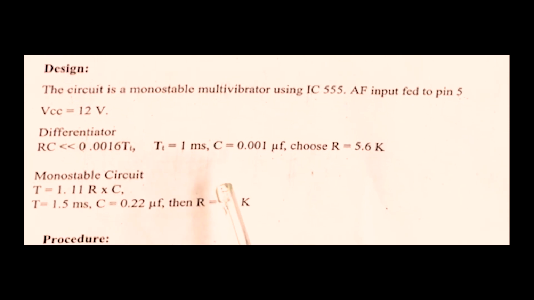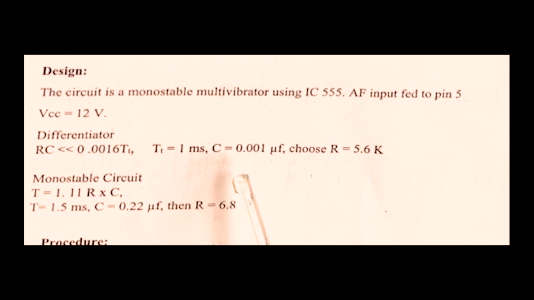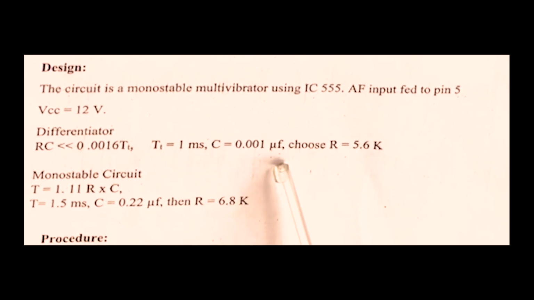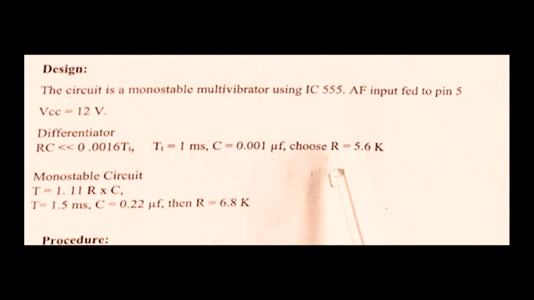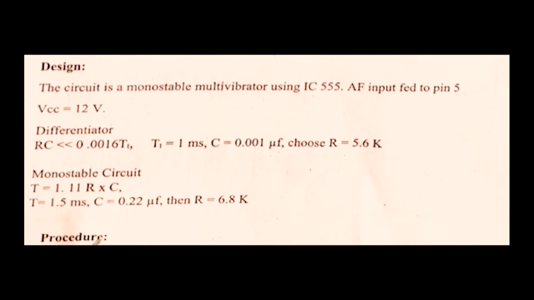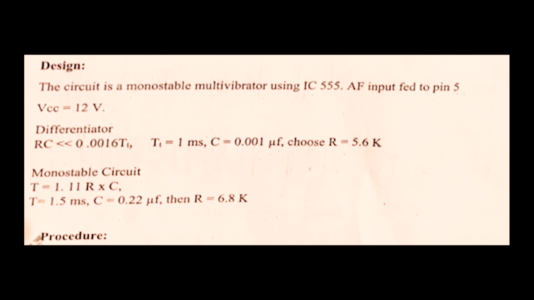You can choose capacitance values 0.001 microfarad and a resistance value of 5.6 kilo ohms. Now the monostable circuit can be designed like this.